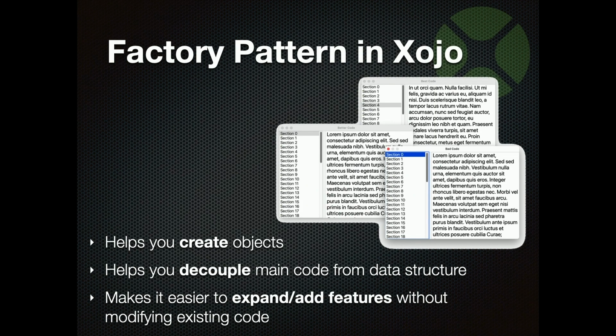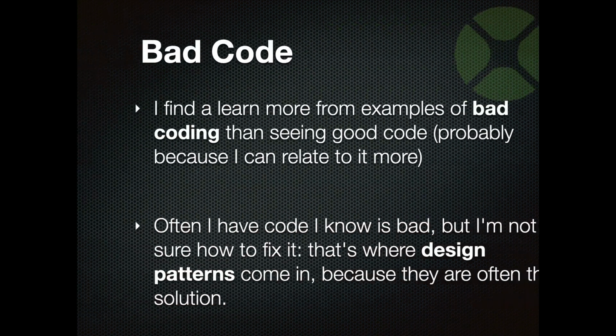And I'll show you an example. You'll see that at work, and it's actually really, really cool because it means that your outside code doesn't have to know anything about those objects. And that helps you decouple your main code from the actual data structure and whatever you're doing. So like I said, this makes it easier to expand and add features without having to modify your external code.